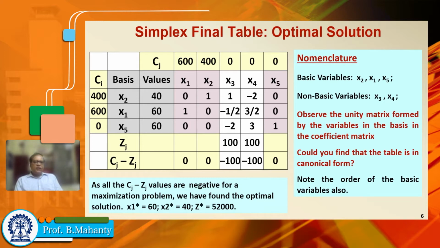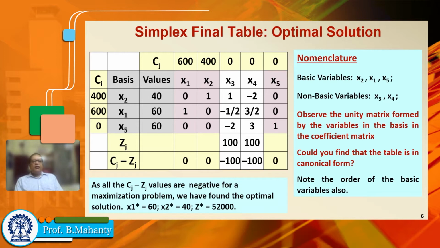Since cj values are zeros, cj minus zj values would be minus 100 and minus 100 respectively. As all the cj minus zj values are negative for a maximization problem, we have found the optimum solution, that is x1 star equal to 60 and x2 star equal to 40 and z star equal to 52,000.